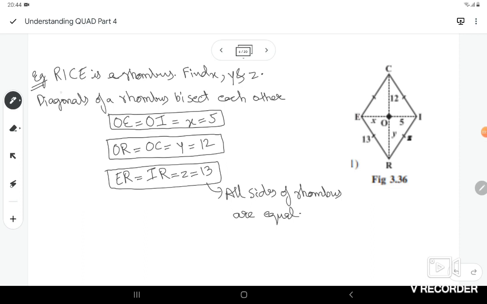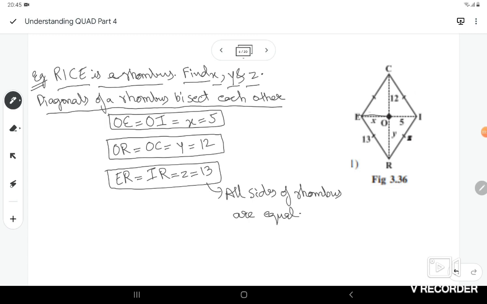Now let's see a question on the same property. It says RICE is a rhombus and we have to find the values of x, y and z. We can clearly see x, y and z are either sides or parts of the diagonals. So we use the property that diagonals of a rhombus bisect each other.